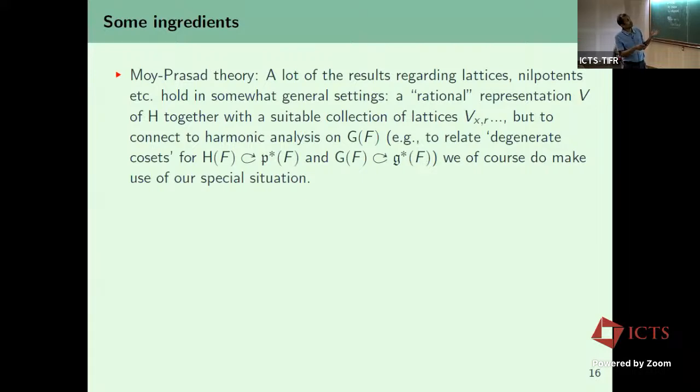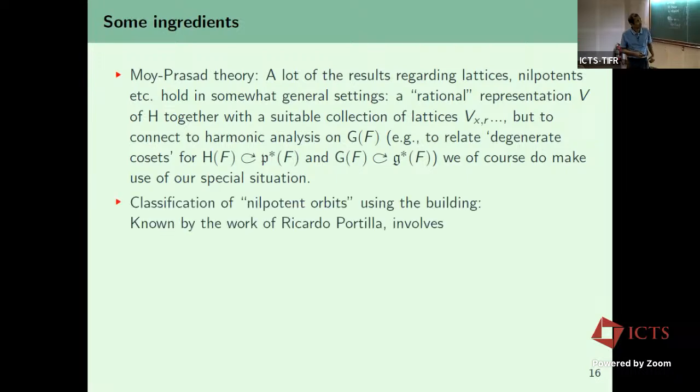But when you want to connect to harmonic analysis on G(F), of course, we need to specialize to our special situation. You want to relate nilpotence for the symmetric space and the nilpotence for the Lie algebra. That is well known, but you need this at the level of quotients between R and R plus. And then the analog of De Backer's classification of nilpotent orbits is already known.